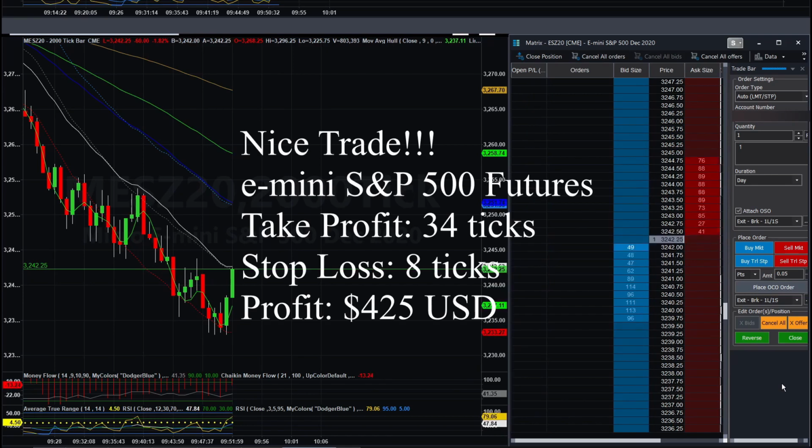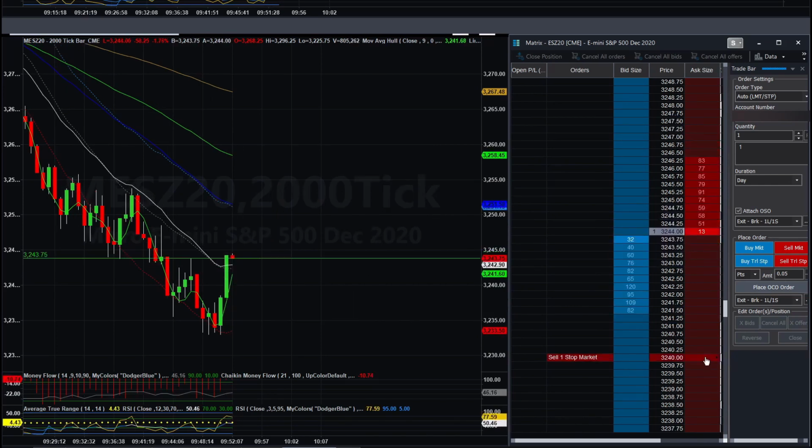Okay, we're out of the trade. Nice trade, $425. And at this point the price action is breaking out of the channel.